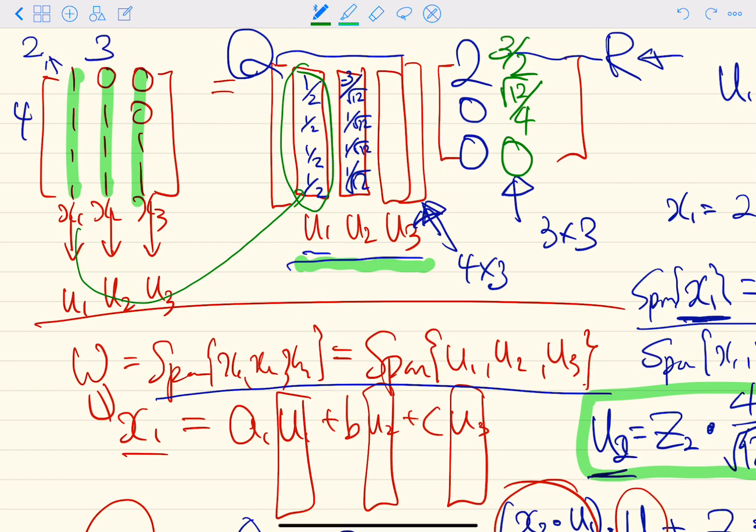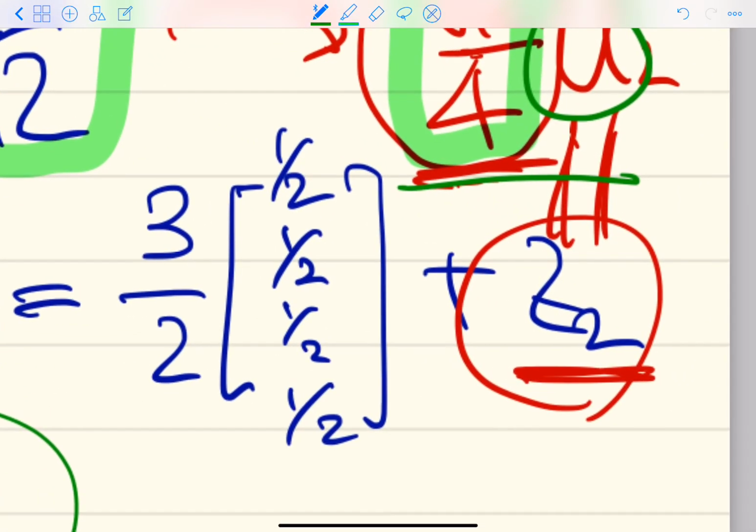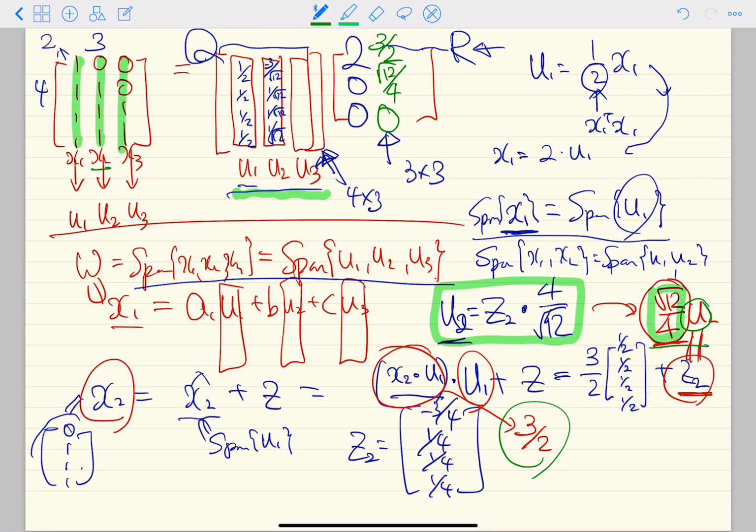Then we move on to x2 and perform orthogonal decomposition, and we obtain this z2 and normalize it, and then we place that u2 as the second column of Q, and accordingly fill out the second column of R with the linear combination coefficients. Okay. So this is how we perform this QR decomposition. Any questions?